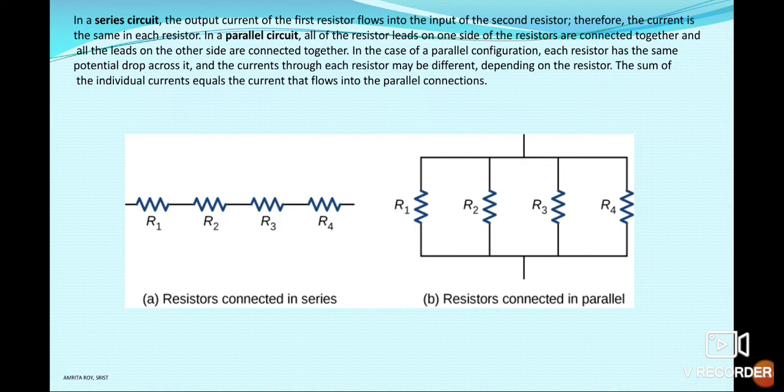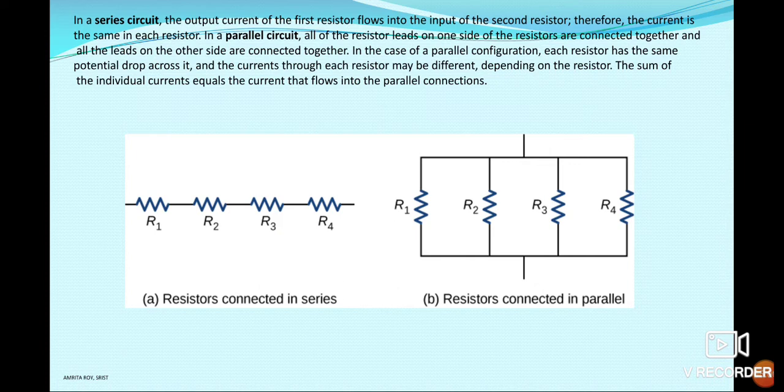So in this diagram, we can see that in the series circuit, R1, R2, R3 and R4 are connected in series. That is, in case of a series circuit, the current flowing through R1 will be the same as the current flowing through R2, same for R3 and R4.